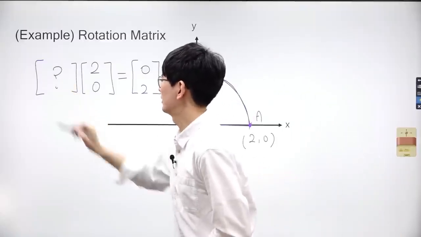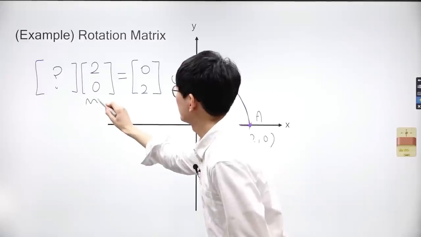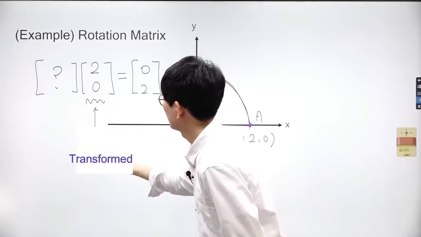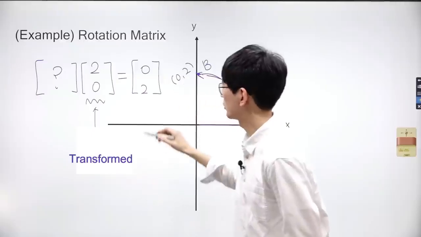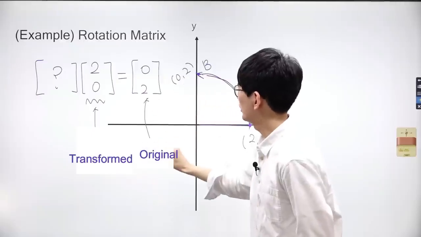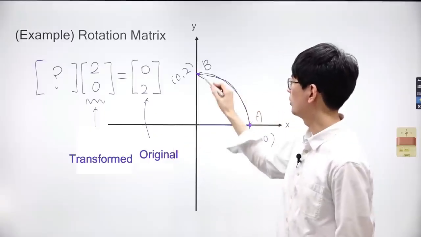Any guesses on what this matrix might be? As mentioned earlier, 2, 0 represents the coordinates of a vector in an adjusted coordinate space, while 0, 2 represents the original coordinates of the same vector in the initial coordinate space.